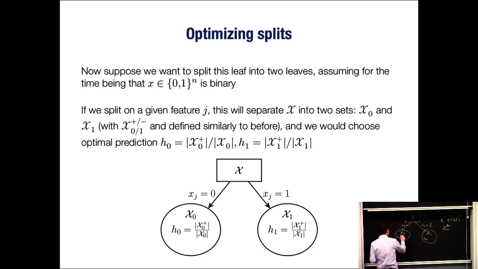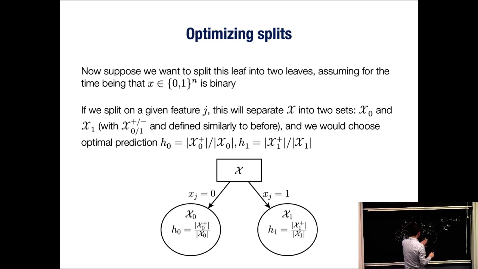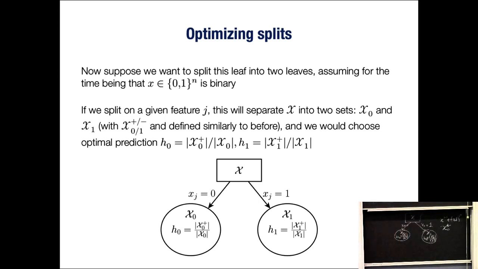And h0 is just the number of examples in X0 that are positive over the total number of examples in X0. And h1 is equal to the number of examples in X1 that are positive over the total number of examples in X1. Hopefully you can read that, but it's exactly on this slide, so not too important if you can't.